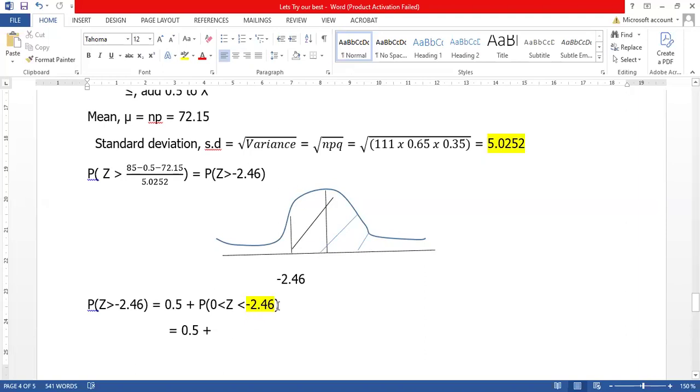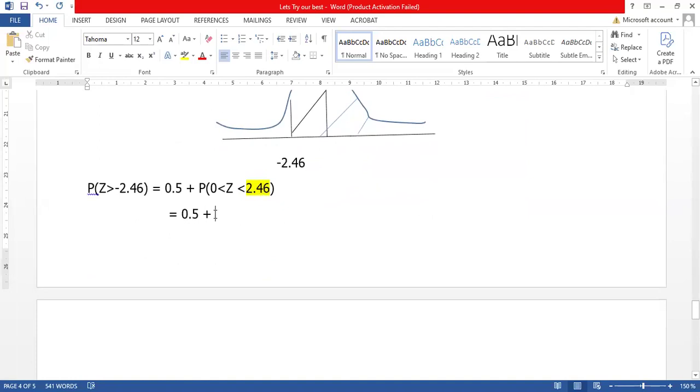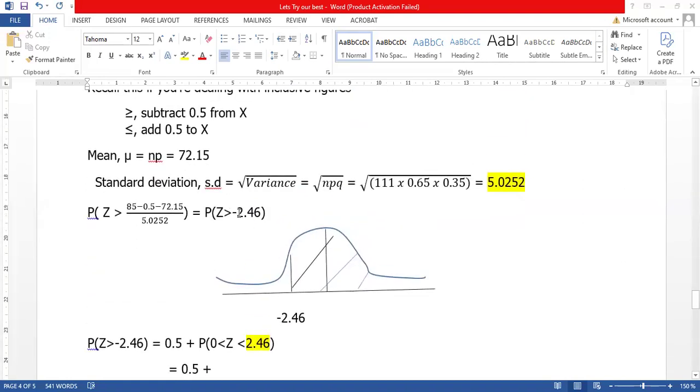Okay, so read this from the table. Here you don't need to bring a negative. Our 2.46 is positive. This answer is positive, eh? Yes. If the answer is positive, then the diagram must change. Since it is positive, I'm going to put this side.